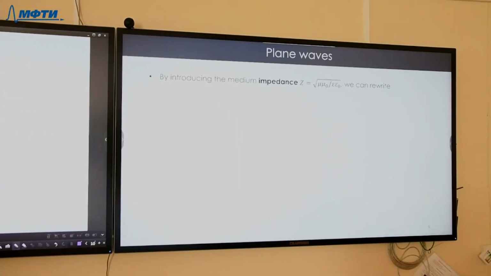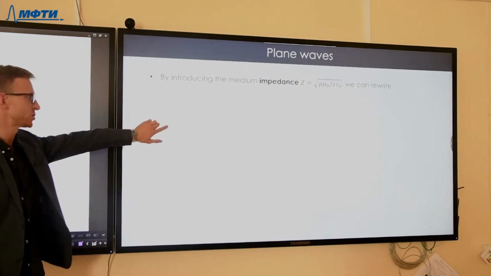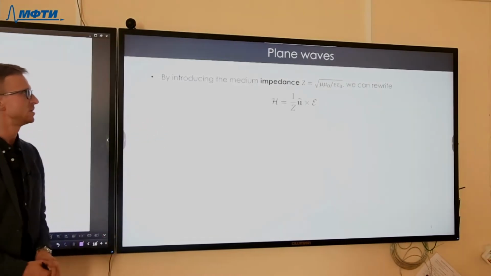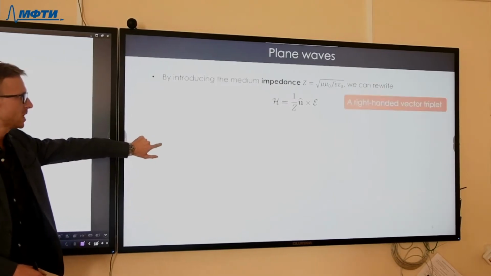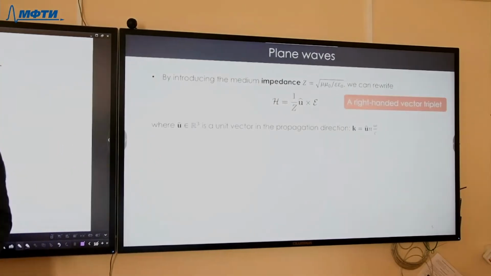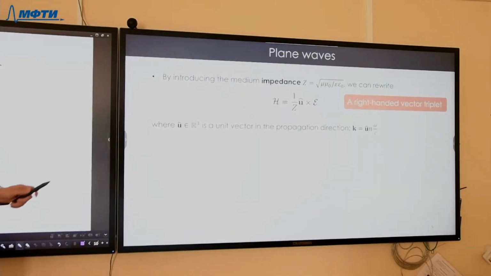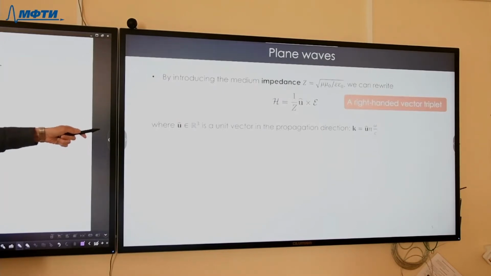And using this notion of impedance, we can rewrite the relationship between electric and magnetic fields in the following way, where u is simply a unit vector which points in the direction of the wave propagation, and it is related to the wave number omega over c in the following way.